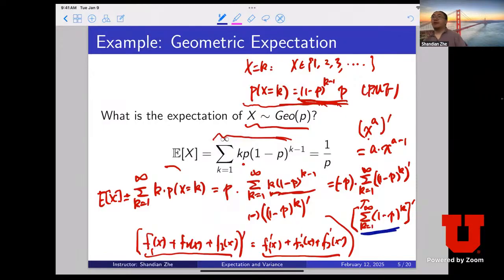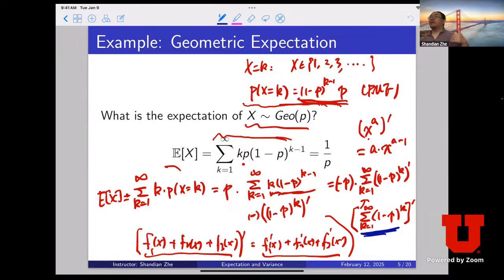If you look at the summation, what can we observe? You see the successive items have a constant ratio.